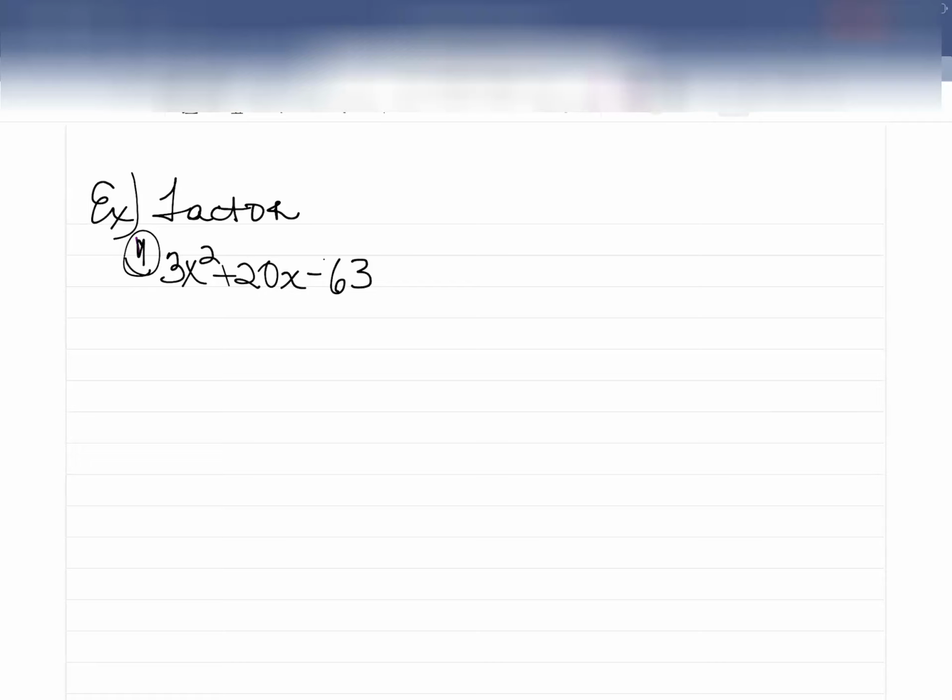I need to factor. I'm going to pay attention to the first parentheses, the front part of the parentheses where I'm going to need the factors of 3. And then I'm going to have the second part of the parentheses where I'm going to need the factors of 63. So factors of 3, that's just 1 and 3.